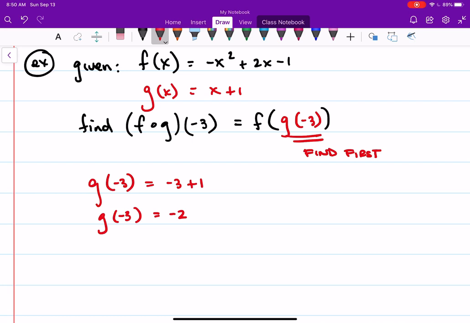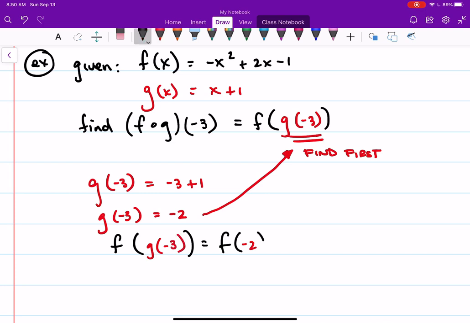All right, cool. So that means all I have to do now is replace that g of negative 3 with a negative 2. So now I'm finding f of that negative 2.